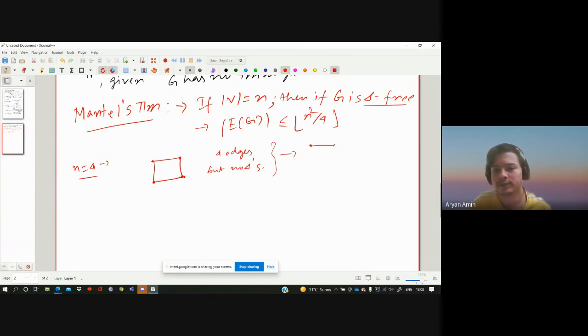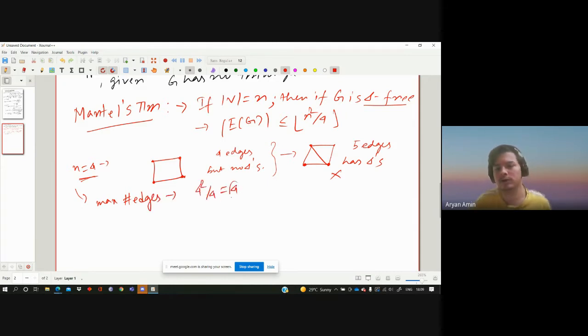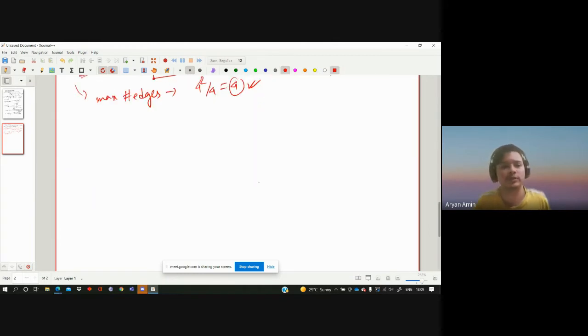Something like this: you see this has 5 edges and has triangles. So this doesn't work, right? Similarly, you can see that for n equals 4, the maximum number of edges is just 4 squared over 4, that's 4.